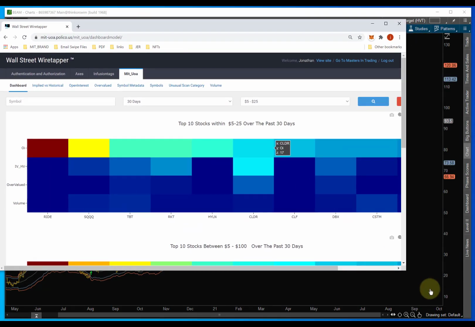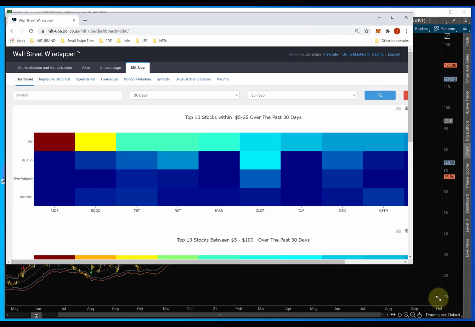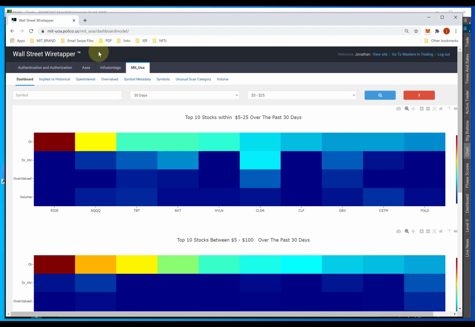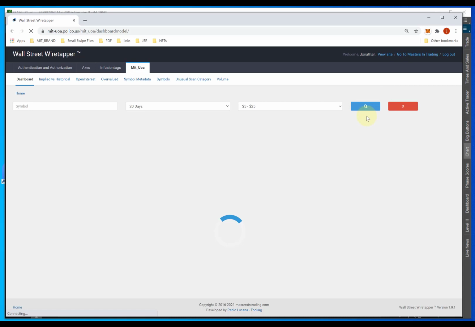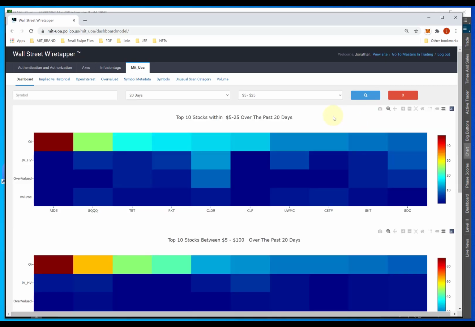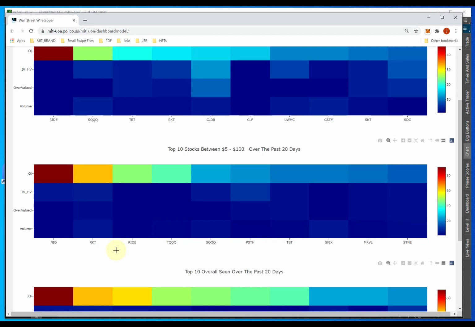So step 1, go to the Wall Street Wiretapper, look for different trades, look in different time frames, experiment: 30 days, 20 days, 10 days, play around. That's step 1. Step 2 is once we find one of these names, we'll look at NEO and PSTH. Let's then go to the high value target tool.